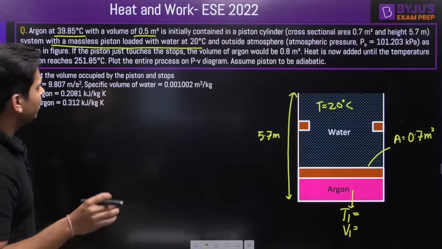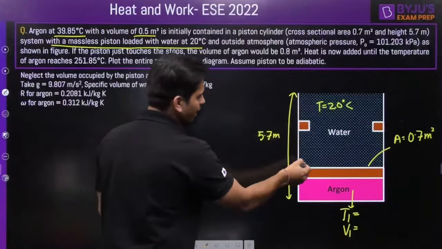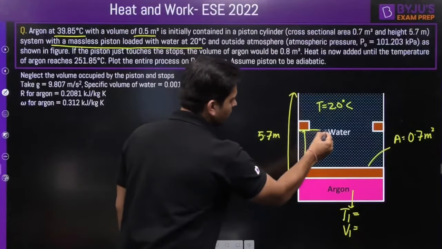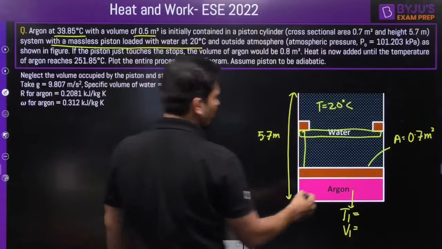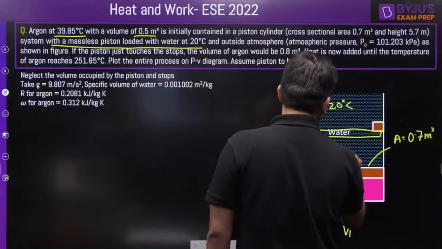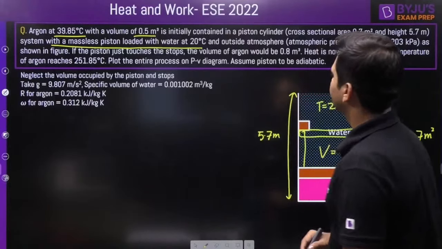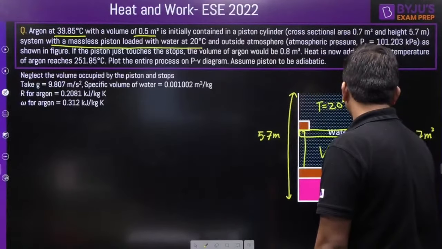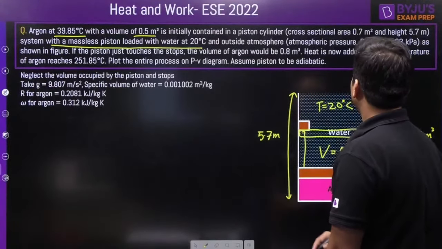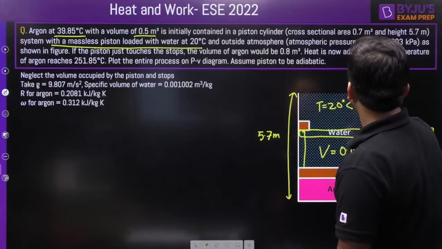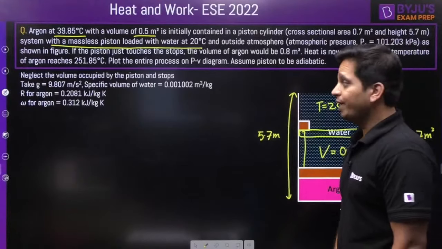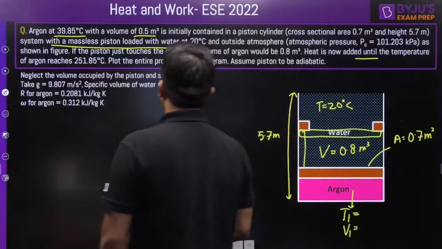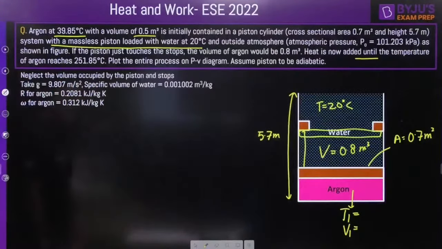If the piston comes here and touches this stop, then the whole volume is 0.8 meter cube. Now we are adding heat until the temperature of argon reaches 251.85. Plot the entire process on PV diagram. Assume piston to be adiabatic.